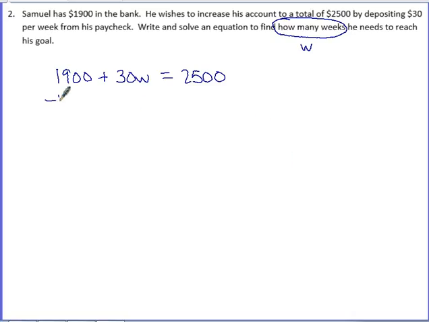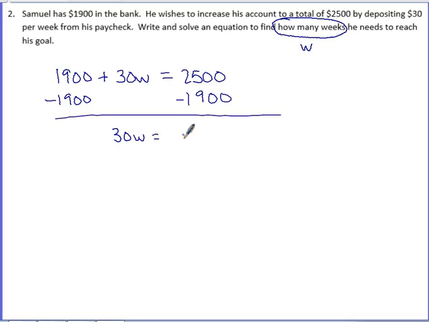Working backwards, I'm going to subtract $1,900 from both sides. 30W equals 600, and then divide by 30. So W equals 20, so it would take him 20 weeks to get up to $2,500.